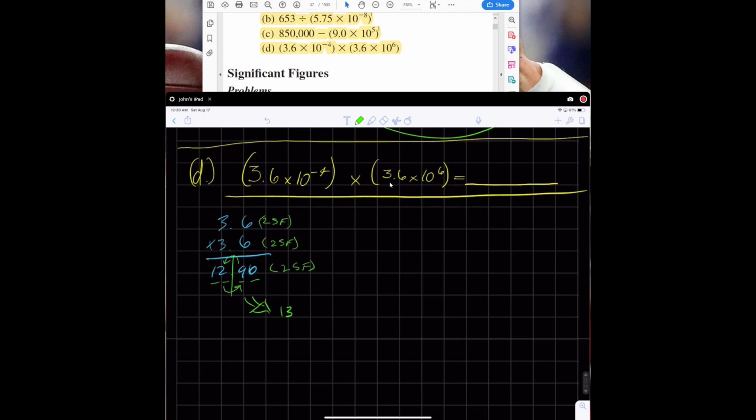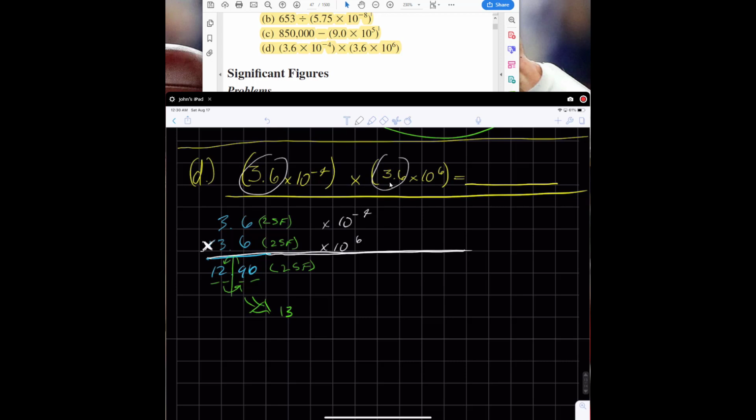So now, I'm going to change this. We can focus on the times 10 to the minus 4 and the times 10 to the 6. You see what I'm doing here? I'm taking this and just going there, and this, and going here. Okay? So the rules of multiplication, and I'm just extending this, right? Just extending this multiplication problem.